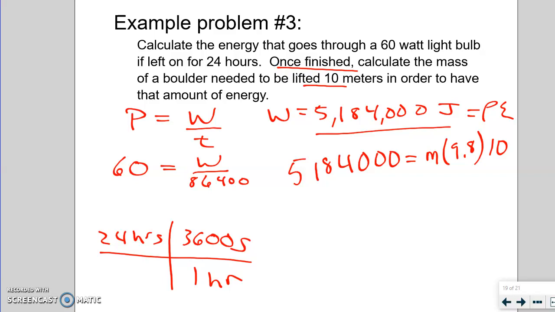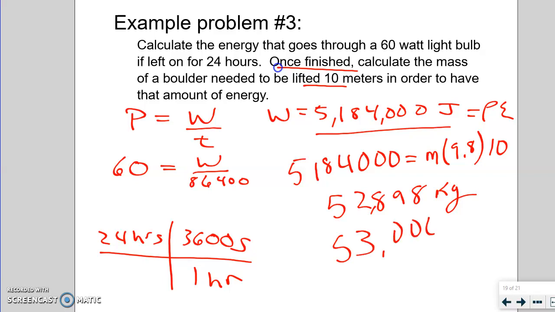So we've got to take that answer and divide it by 9.8 and divide it by 10, and we can see that the mass of this boulder that we need to lift to make that much energy is 52,898 kilograms. So 53,000 kilograms if we've done that all correctly.